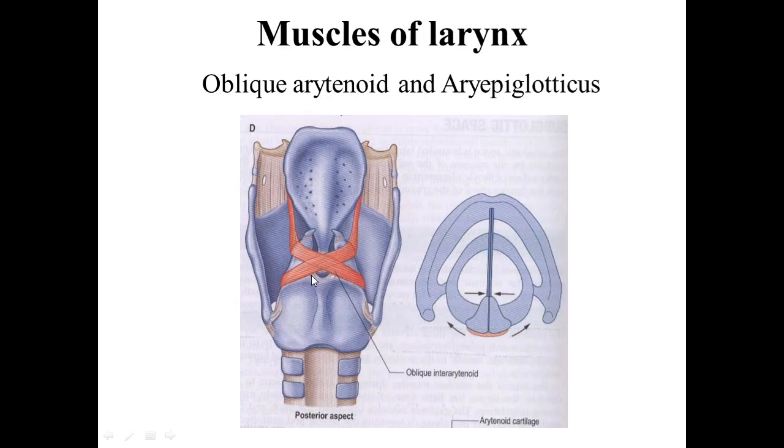Then oblique arytenoid. These muscles crisscross each other. Oblique arytenoid and aryepiglottis: the aryepiglottic muscle is a continuation of the oblique arytenoid muscle.